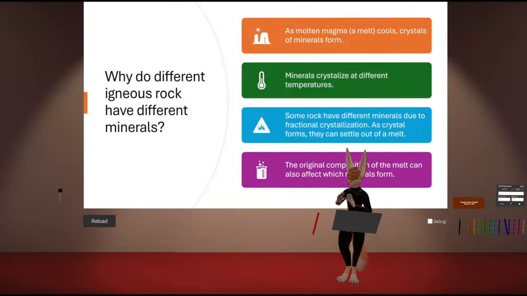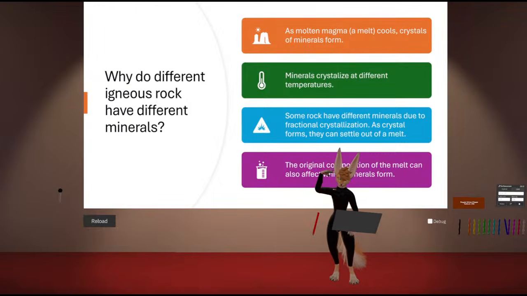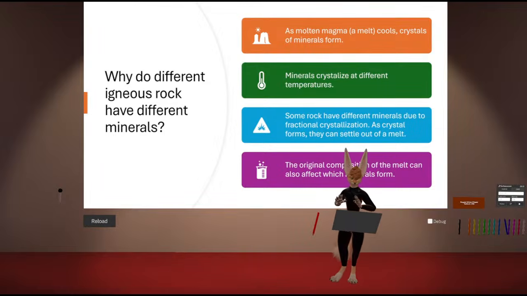In general, minerals with high iron magnesium content crystallize first at high temperatures. High silica content minerals crystallize later at lower temperatures. Some rocks have different minerals due to fractional crystallization.